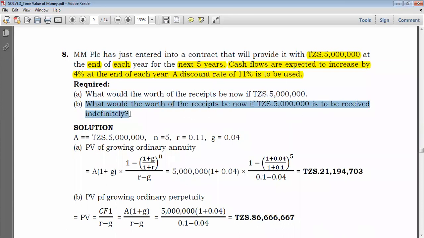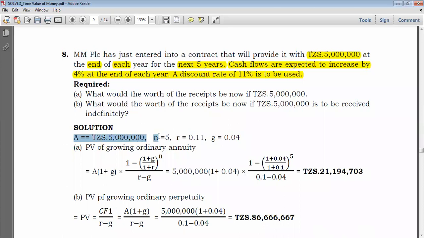Now, the word indefinitely reflects perpetuity. But for our case, we'll first deal with annuity alone. So I'll just deal with ordinary annuity, all right? So let's start with A, and then we'll go back to the perpetuity, all right?